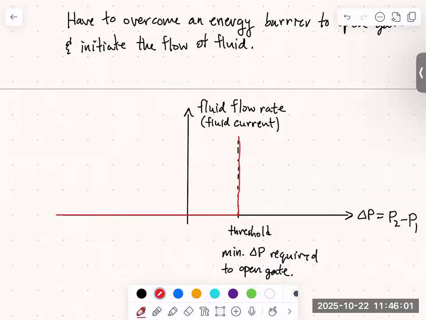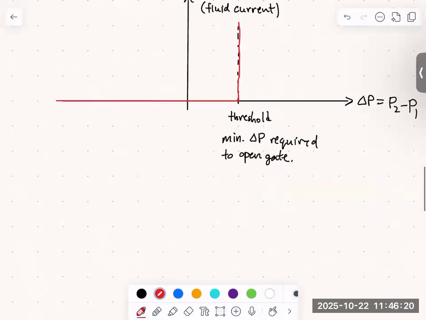So if we have some long thin pipe that has a lot of resistance, there'll be a low current rate through our valve. If we have big fat pipes downstream, then the flow of current will be high through our gate. Okay, so there's electrical versions of these one-way valves, and those are called diodes.